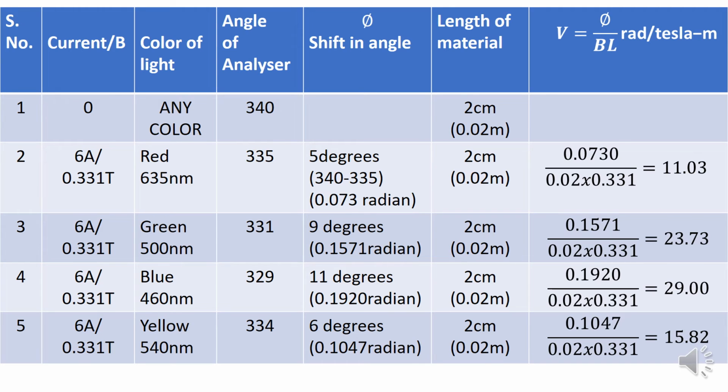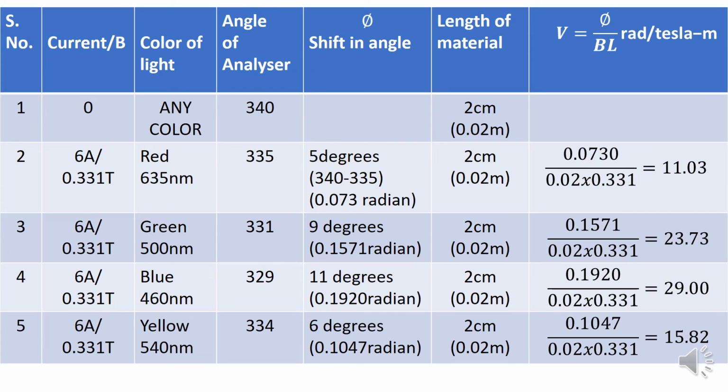So accordingly I put the values. 5 means the shift angle, 0.073, and this is the length of the material, and this is the magnetic field. This way, this is the Verdet constant. So at different wavelengths, we are seeing different Verdet constants.